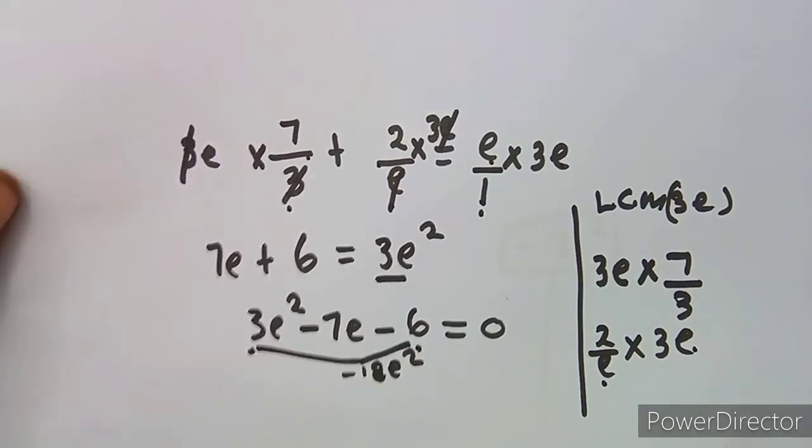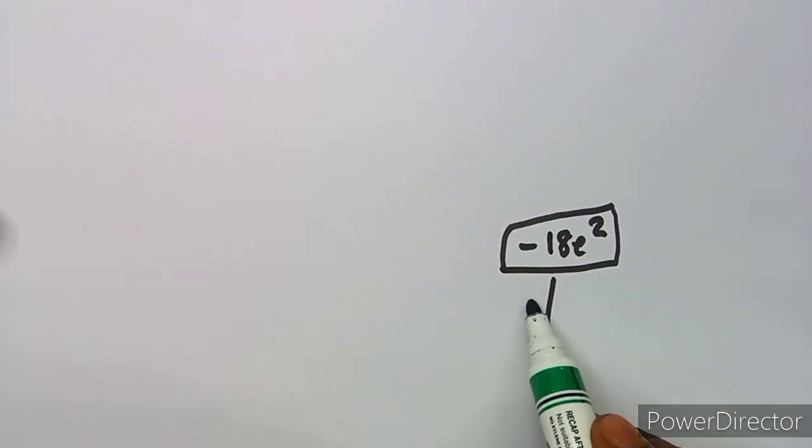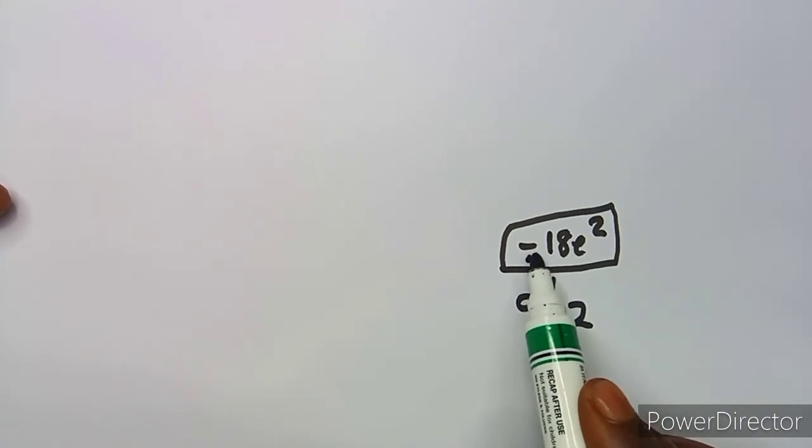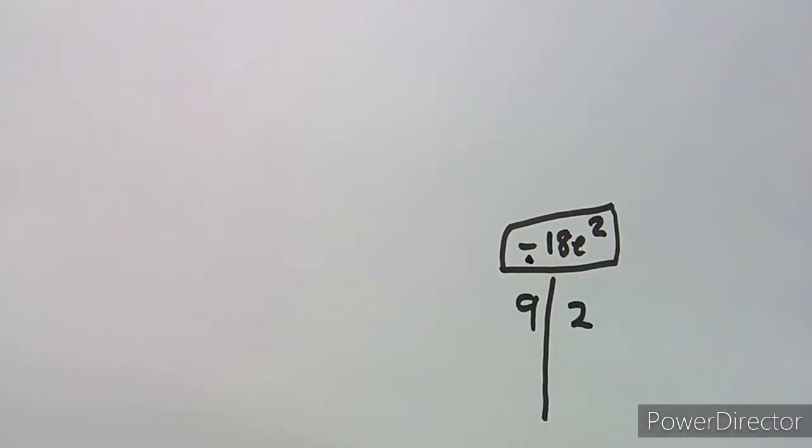So what are the factors of minus 18? Let's try these two numbers, 9 and 2. But since these are factors of minus 18, one of these two numbers should be negative. So let's try minus 9 and 2, like this. If I multiply these two numbers, I obtain minus 18.